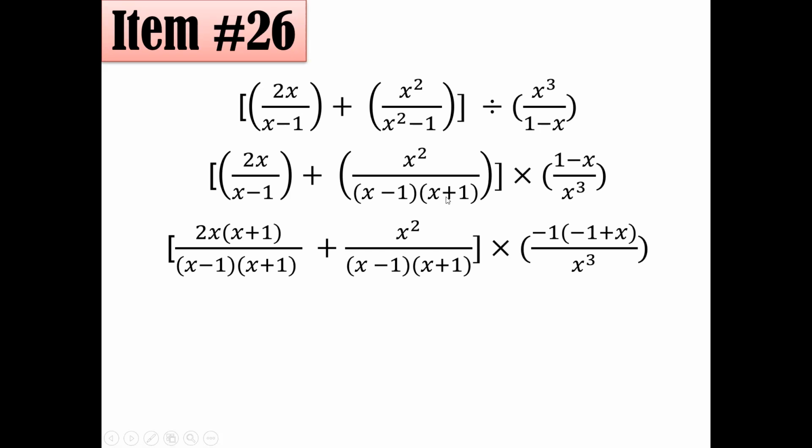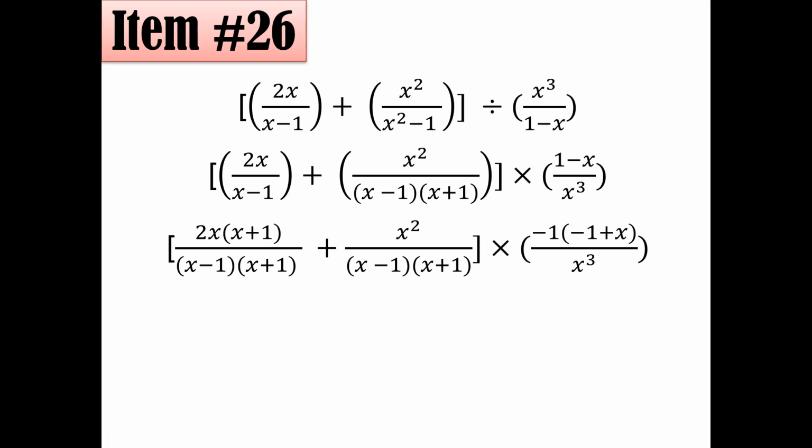What I did was, the LCD ng dalawang to is x minus 1 times x plus 1, di po ba? So nag-multiply dito po, wala pa siyang x plus 1 sa denominator. So in this, nag-multiply po ako ng x plus 1, both numerator and denominator po niya.